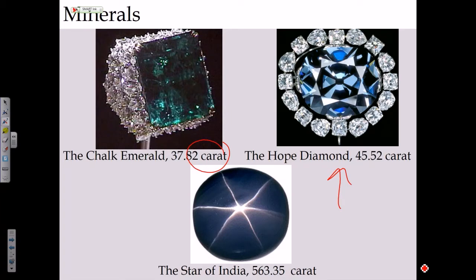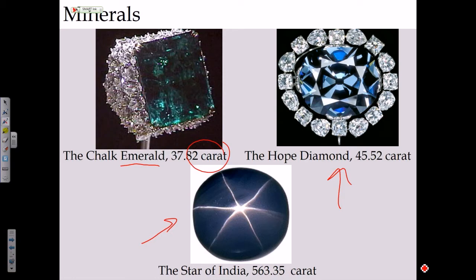Down here we have the Star of India as an example of a sapphire, and then the emerald here. All of these have natural examples that are of little or no value. Sapphire is essentially the mineral we call corundum. Sapphire is the gem variety of that. Emerald's equivalent is beryl.